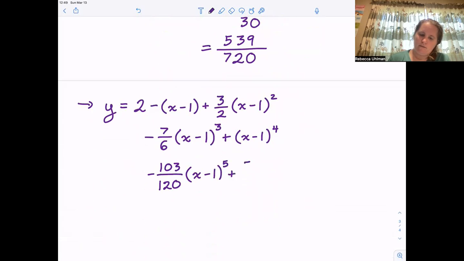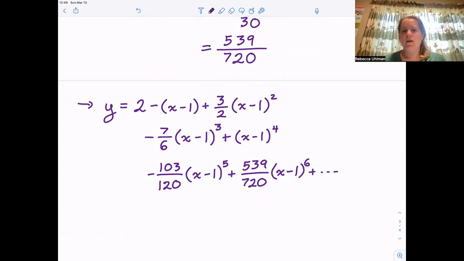Then we have plus 539 over 720 times (x minus 1) to the 6th. And then we have a series of terms beyond that. So we have at least found an approximation. It's not the exact series at this point because we've only done the first 7 terms, but it could be a reasonable approximation for this series solution.